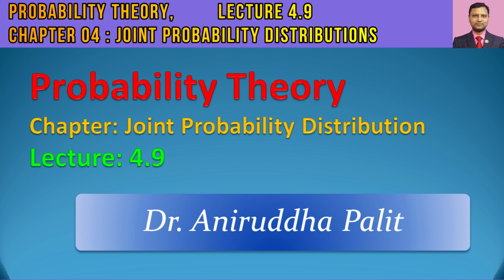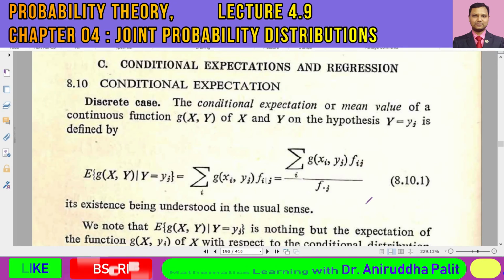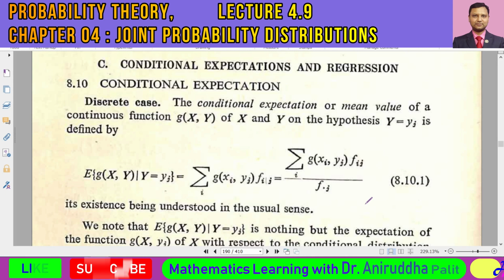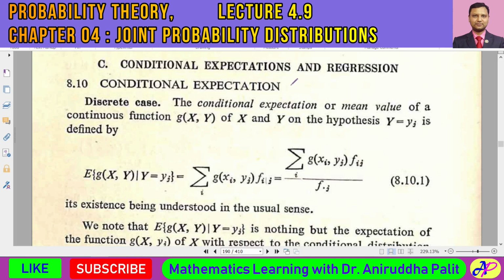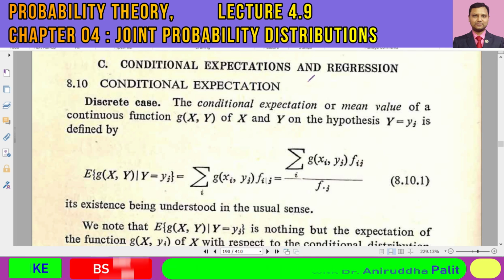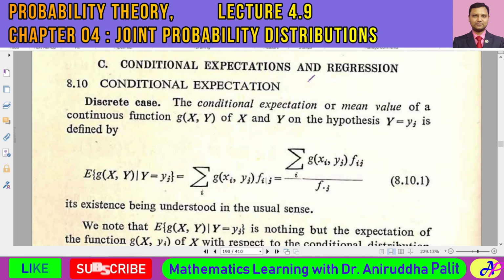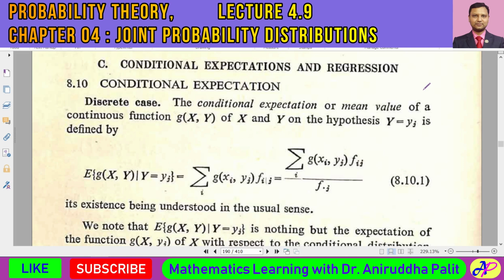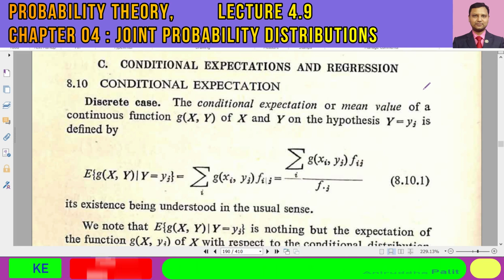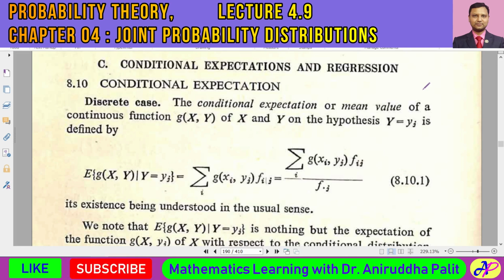Everybody. Today we are going to discuss the conditional expectation in case of bivariate distribution. What is conditional expectation? We all know the conditional distributions, and the expectation of a variable in the conditional distribution is called the conditional expectation.